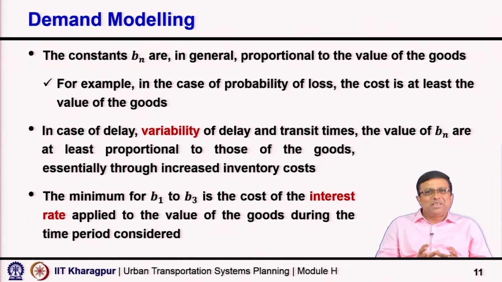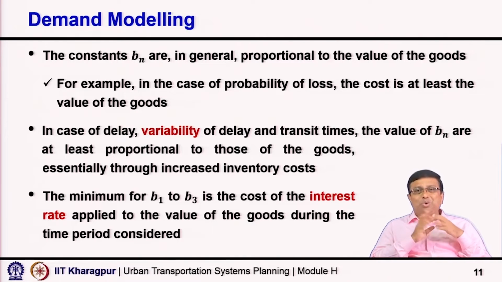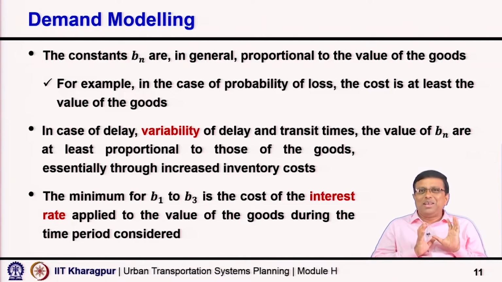These are very logical, it is not complicated in a sense, but one has to be careful that I am taking things which make sense in the context of goods transport, which are goods transport specific and meaningful components.